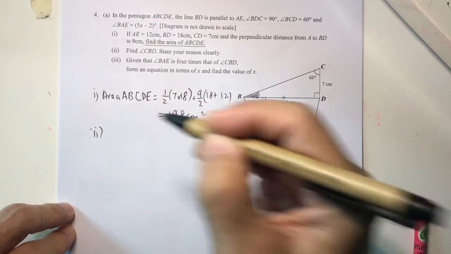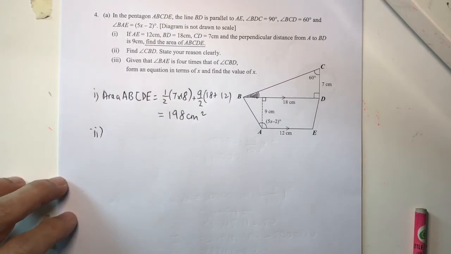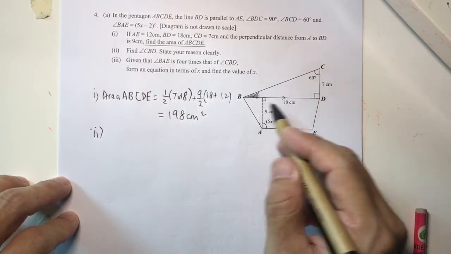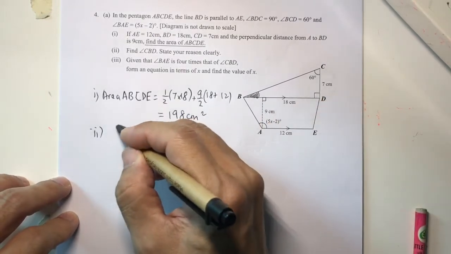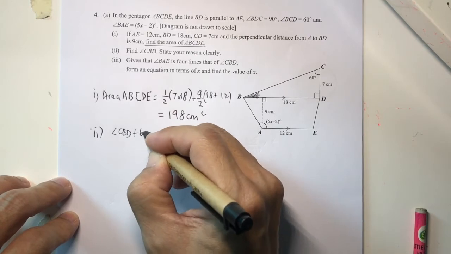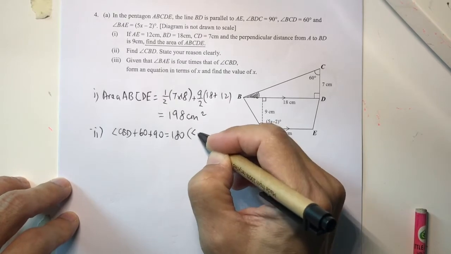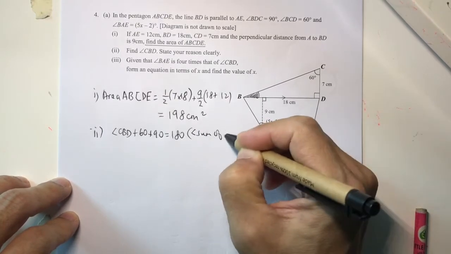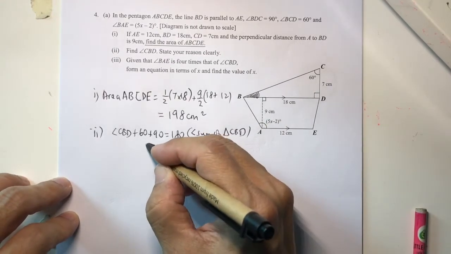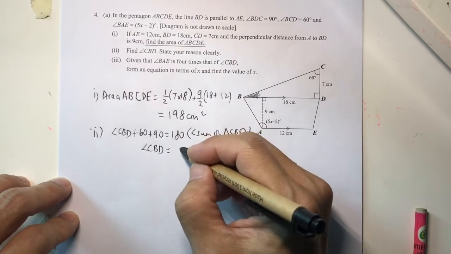In part 2, we need to find angle CBD. Now angle CBD plus 60 plus 90 will give us 180. This is the angle sum of triangle CBD. Okay, that gives us angle CBD is 30 degrees.